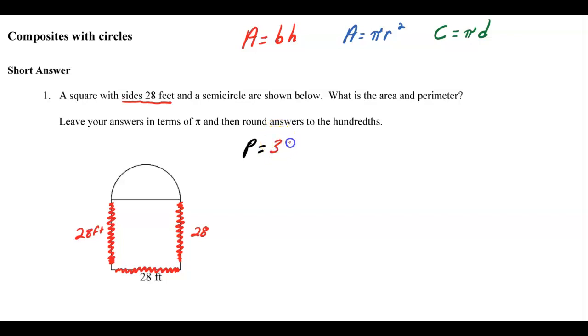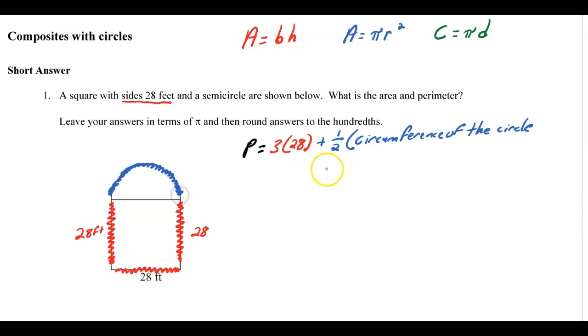So I'll say 3 times 28, plus I need half the circumference of the circle. Meaning I don't want all of the circle, I just need this blue piece.